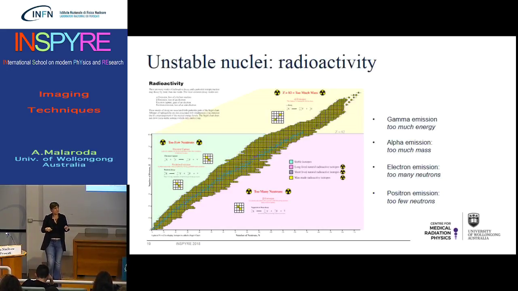What happens is, if a nucleus is unstable and undergoes alpha decay, beta plus, or beta minus decay, the end product, most of the time, has an excess of energy. So the nucleus is not in a ground state.